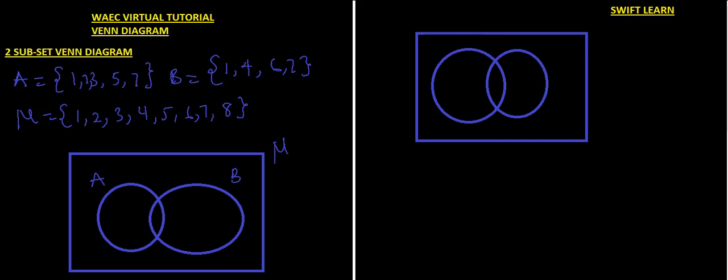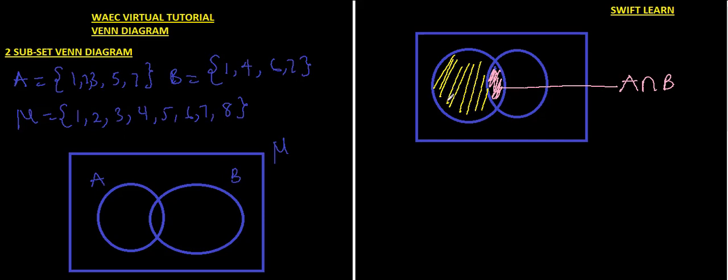Now this place, I'm using several colors, is your A union B, A intersection B, sorry.